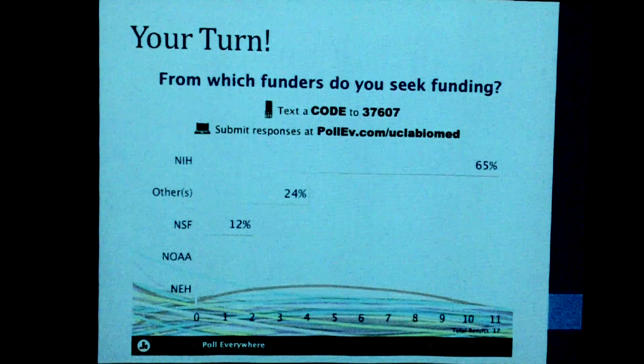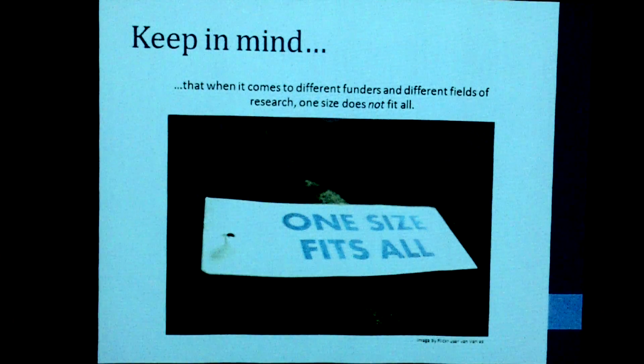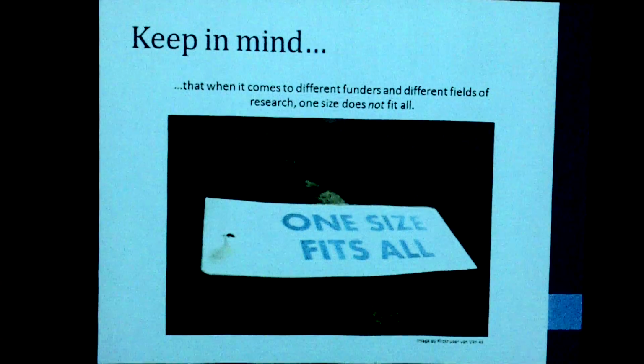Okay, so all of that being said, keep in mind that when it comes not just to funders, but also directorates within those funders, and even down to the level of the individual program officer who's looking at the actual grant application, one size does not fit all.